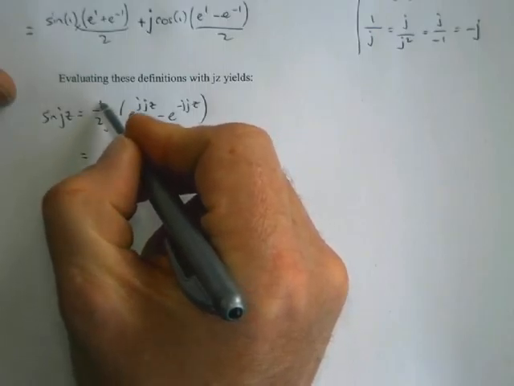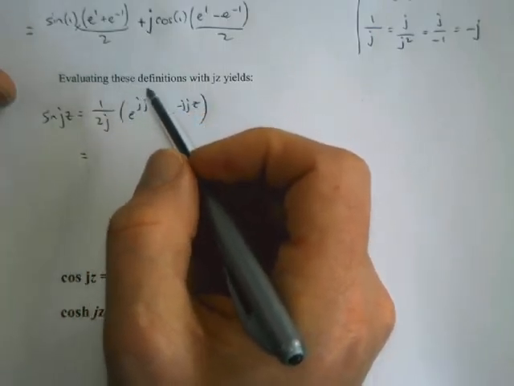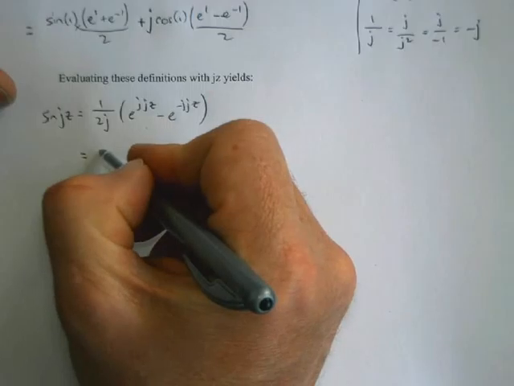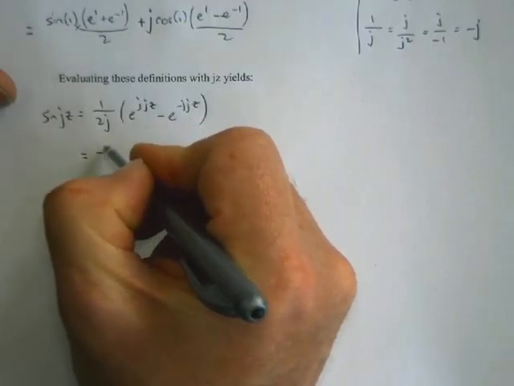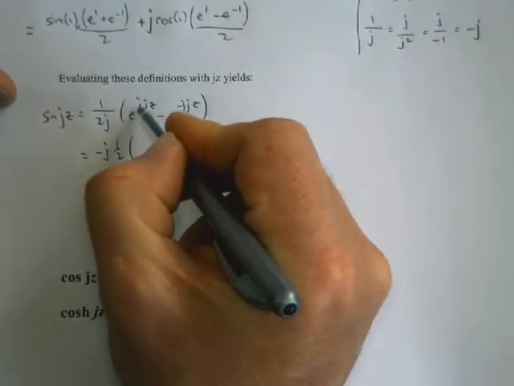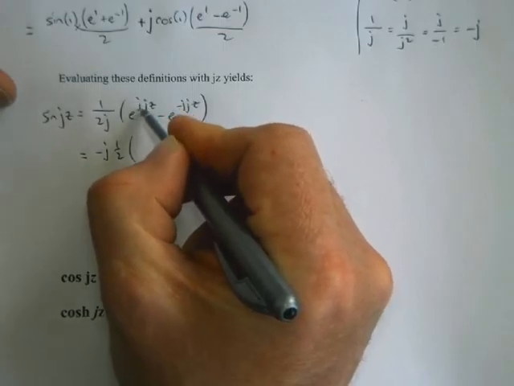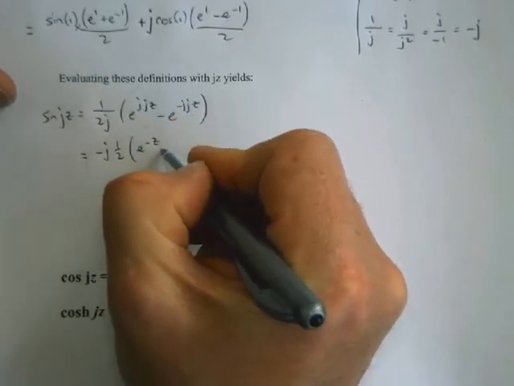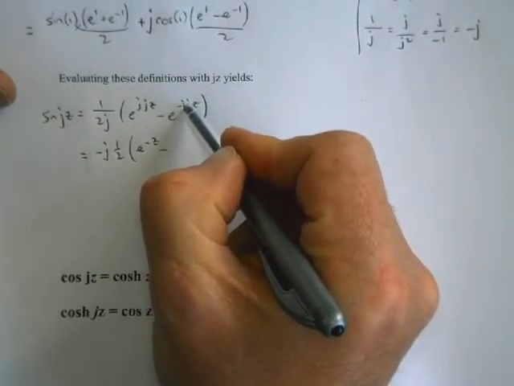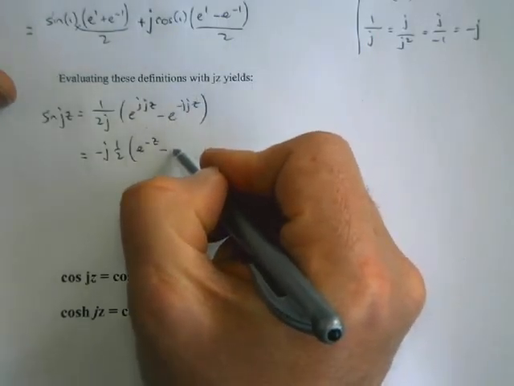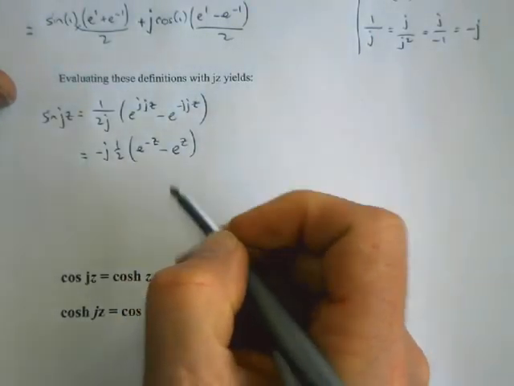So this is the same as 1 over j, we talked about before, as being negative j. 1 over j is negative j, so this is the same as negative j half, and here j times j is j squared, which is negative 1. And j squared again is negative 1, and negative 1 is plus 1.